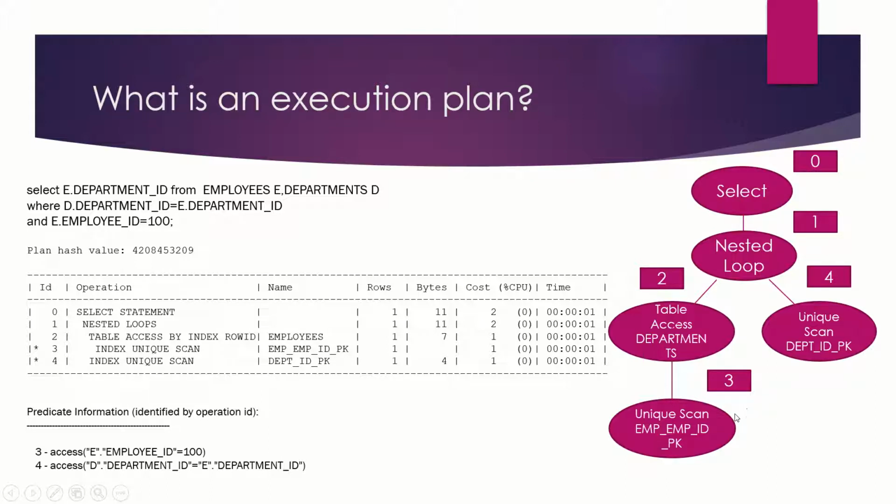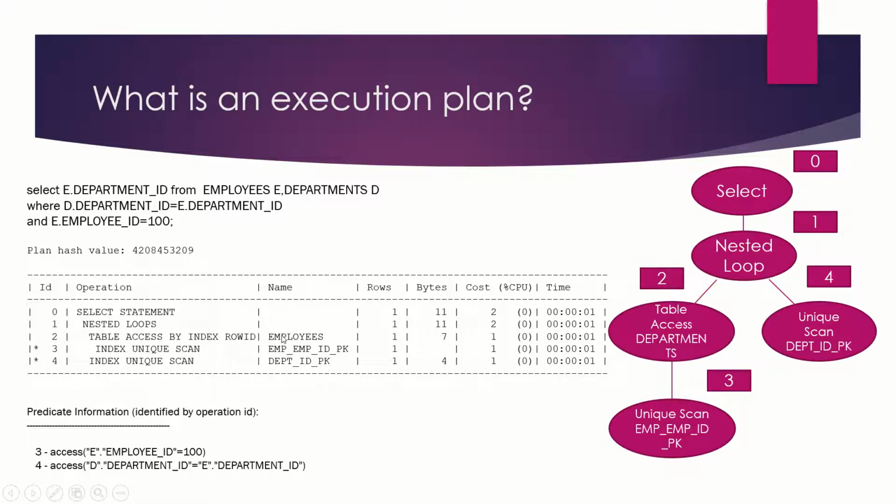Now after the third operation, there are two operations on the same level, 2 and 4. But the thumb rule for reading an execution plan is to read from bottom to top and from left to right, so the leftmost operation, the second, is next. The second operation is table access by index row ID for the employees table. What does table access by index row ID mean?